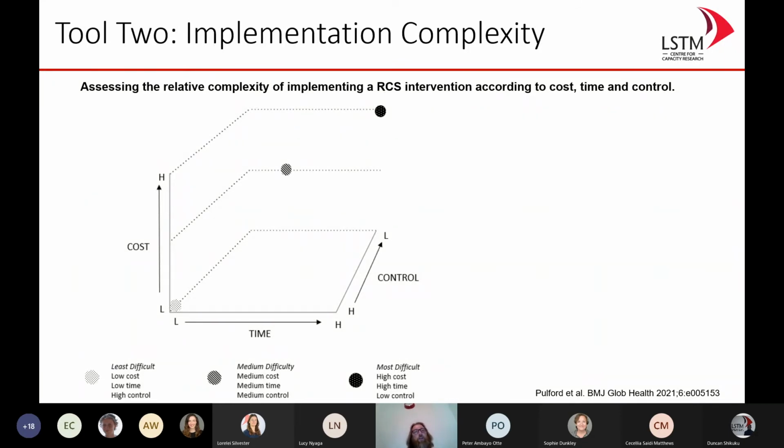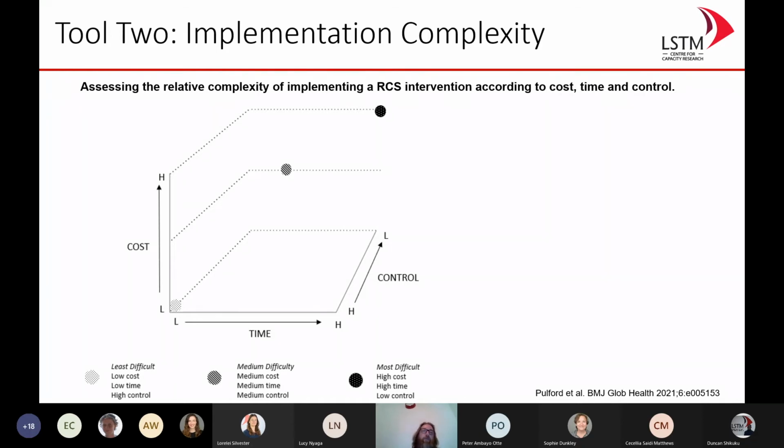So the logic of this graphic is in thinking through the complexity of your proposed plans. If they plot somewhere like this, the low left-hand corner, the least shaded of those 3 plot points, that suggests your proposed intervention has low cost, is not going to take much time, and is primarily in your control. So this is something that should be relatively straightforward to implement.